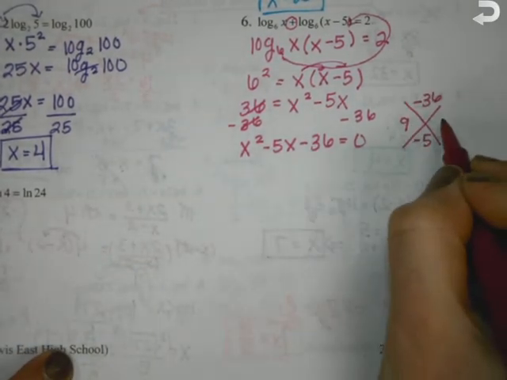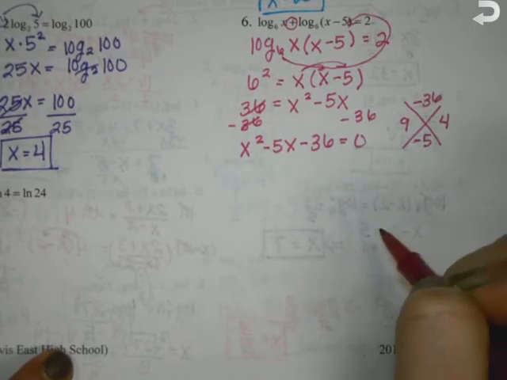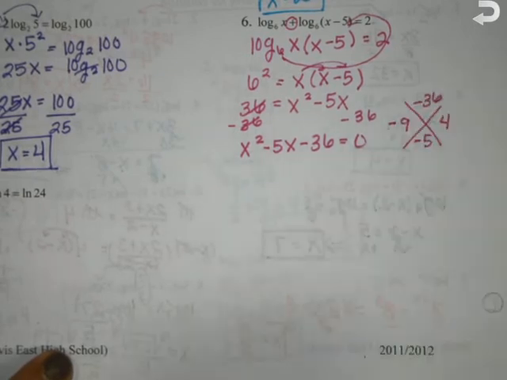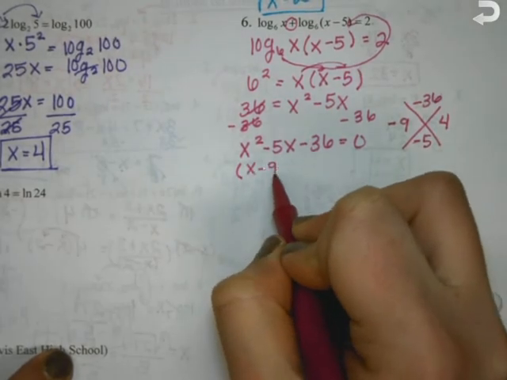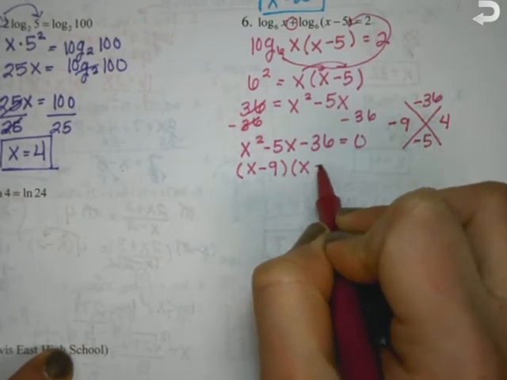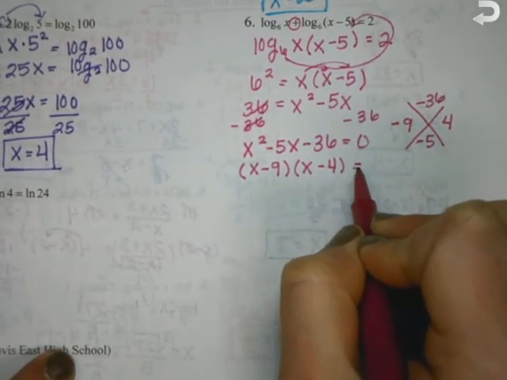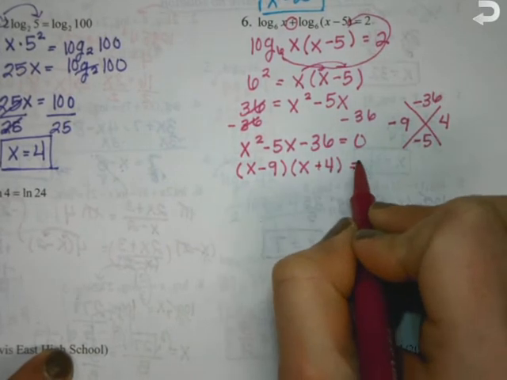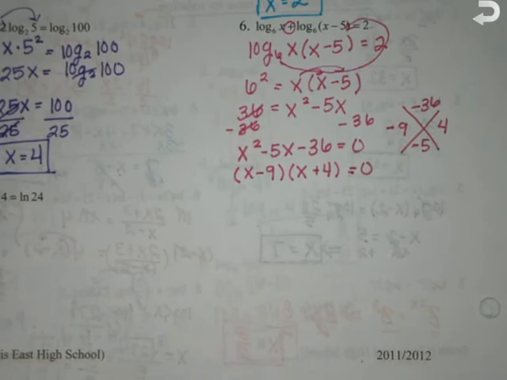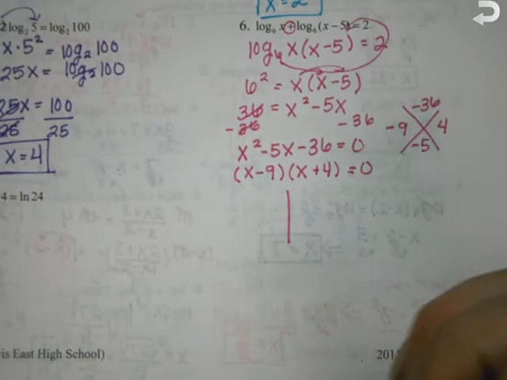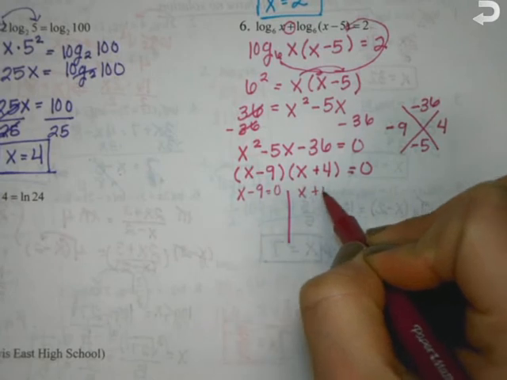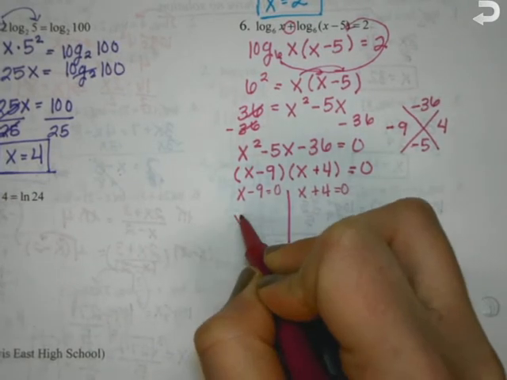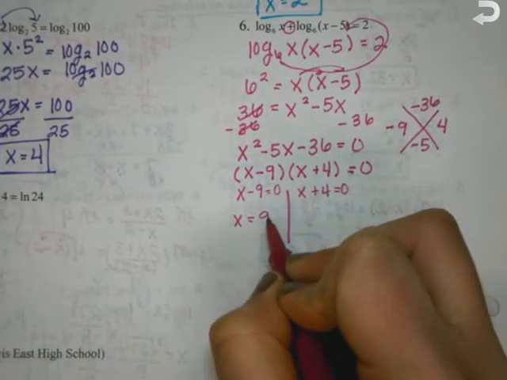Which one's negative? 9 is negative, so let's factor that. x minus 9 times x plus 4 equals 0. Okay, so we set both of those equal to 0. x minus 9 equals 0. x plus 4 equals 0. So x equals 9 and negative 4.